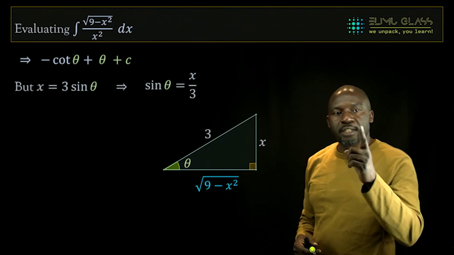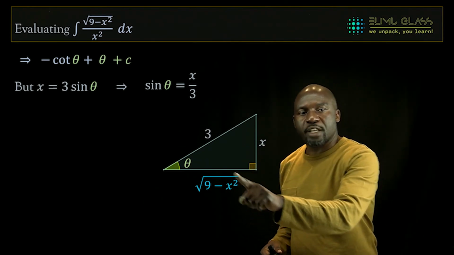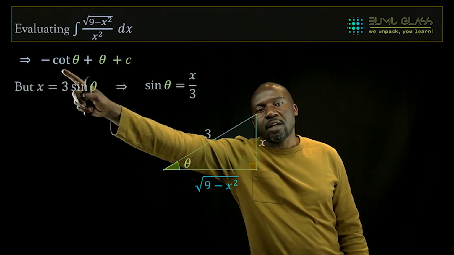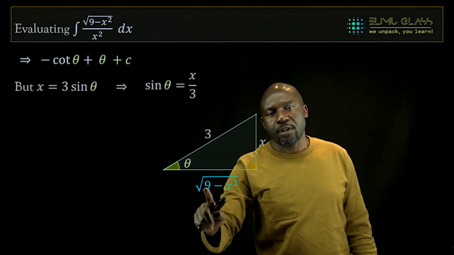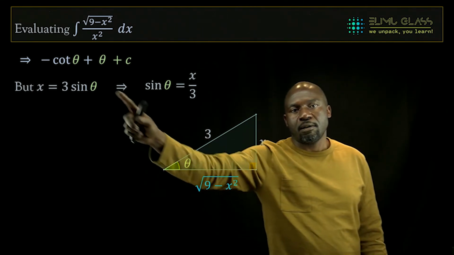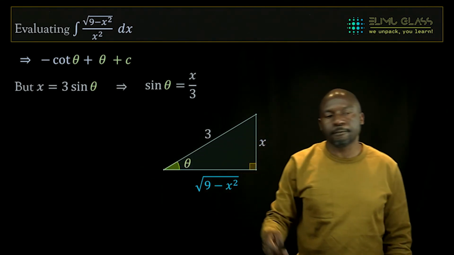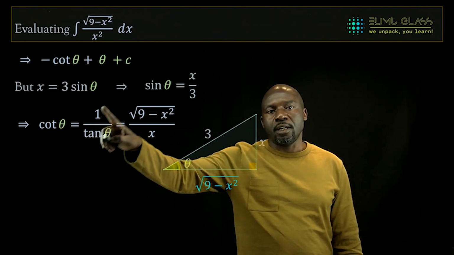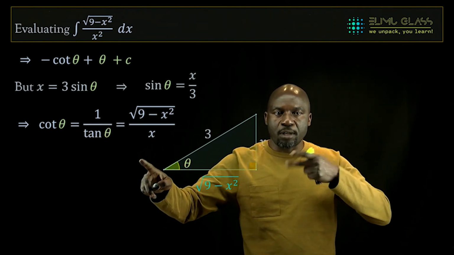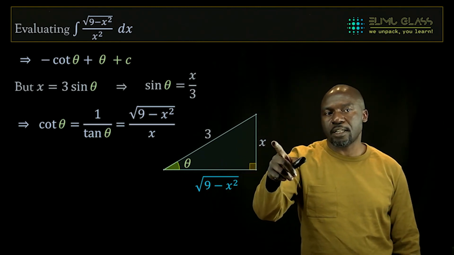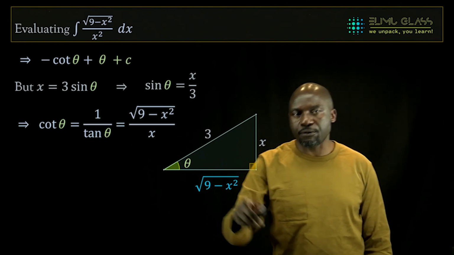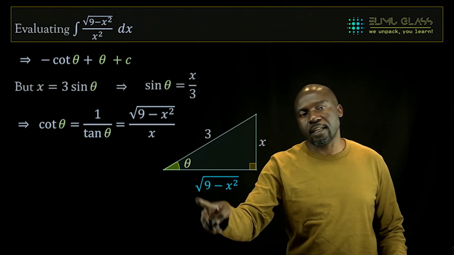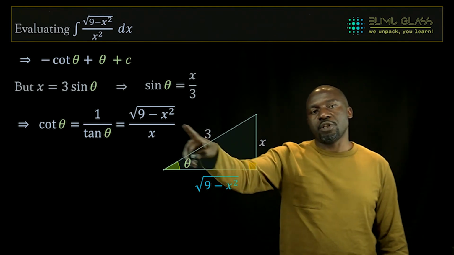So I can therefore write that value there becomes negative of this divided by that, for cot of theta. So cot of theta is 1 over tan, the reciprocal of tangent. And since tangent is x over the root of 9 minus x squared, cot must be the opposite, which means taking this divided by that, which is what we have there.